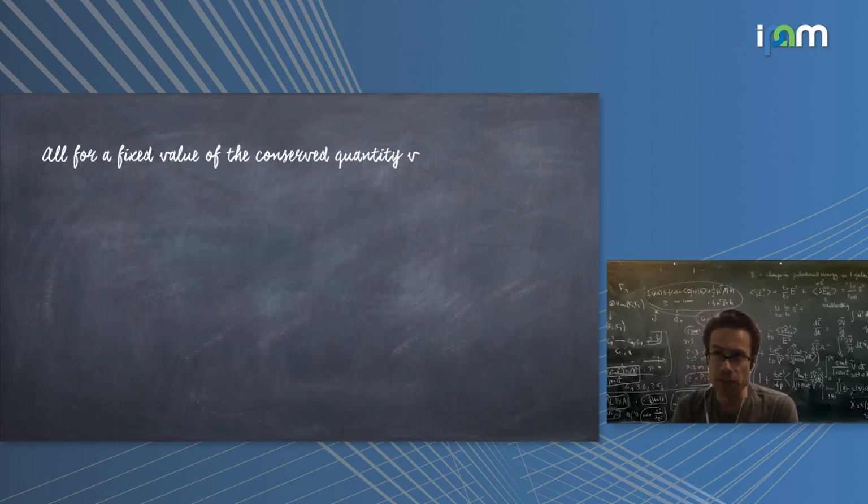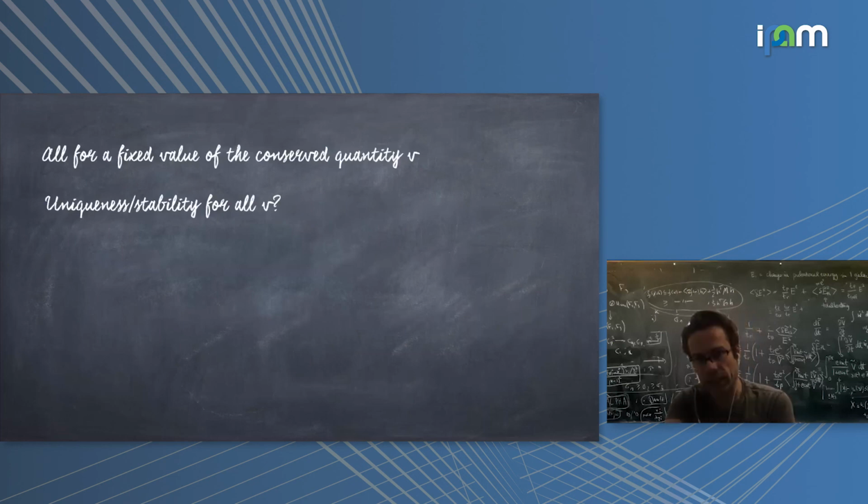You give me the conserved quantity, and I prove results valid almost surely, but the null set off of which they might not be valid might depend on the value of V. So the natural question is whether there are such results for all V simultaneously: you throw away one null set, and then for every direction V there is a unique bi-infinite solution that is stable. Or maybe there are some V's for which it's not stable.